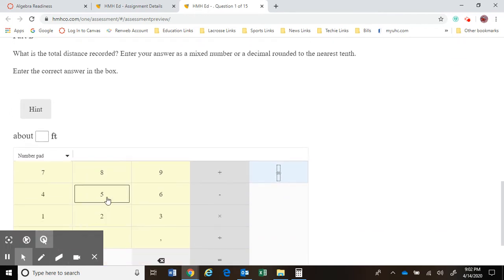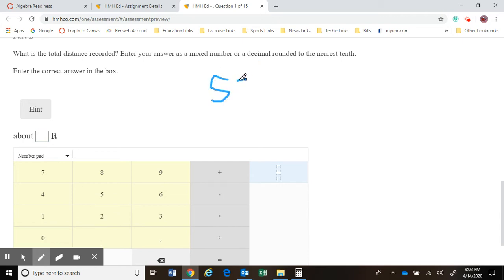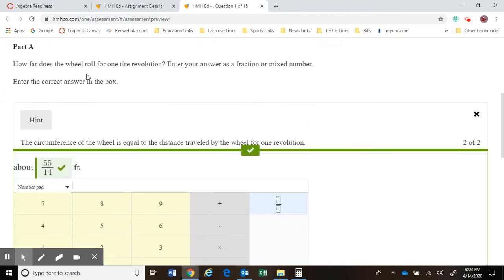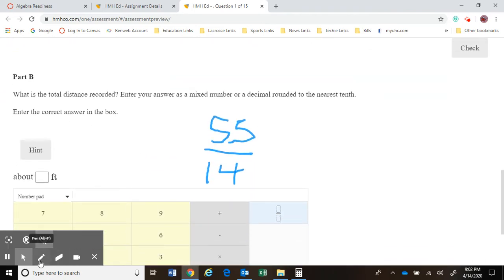All right, so let's see. I went 55. Oops, I don't want to push 5 there yet. Okay, I want to delete that. So again, I went 55/14. And if you recall, it told me it went around 254 times. Okay, so now I'm going to multiply that times 254.